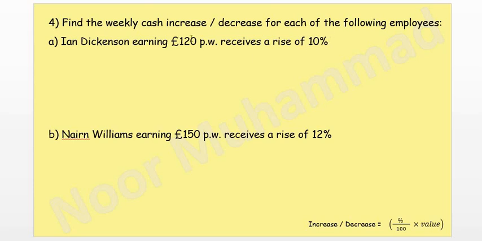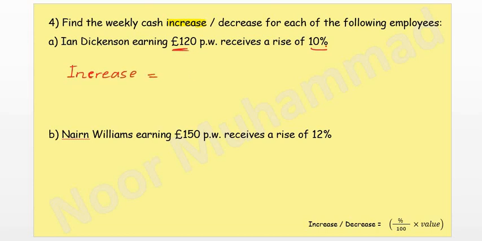If his earning is increased by 10%, they only want to know the amount of increase, not the final amount that he will receive. They only want you to find what is 10% of this amount, that will be his increase. So because it's a case of increase, you will write increase equals, they want you to find the amount of increase.